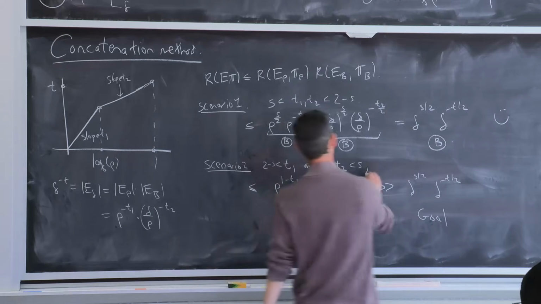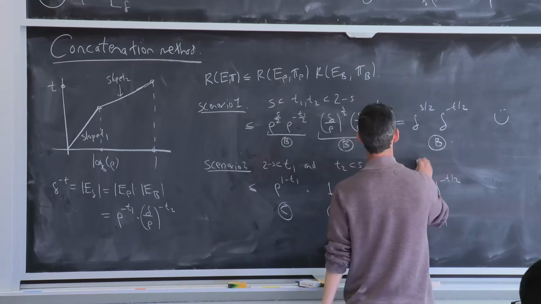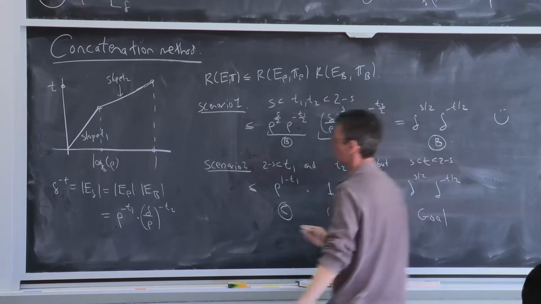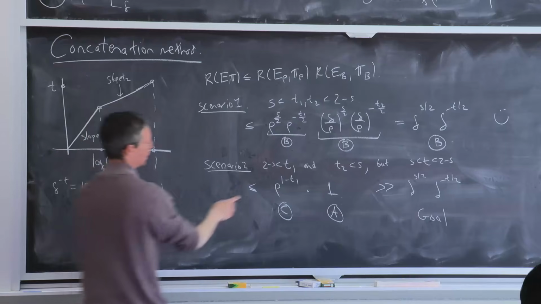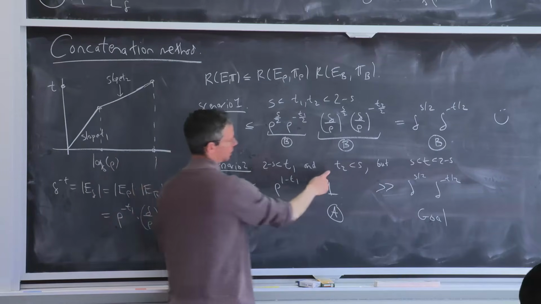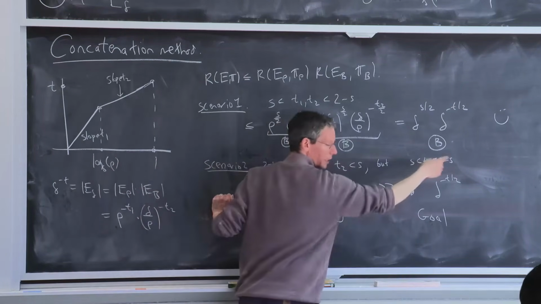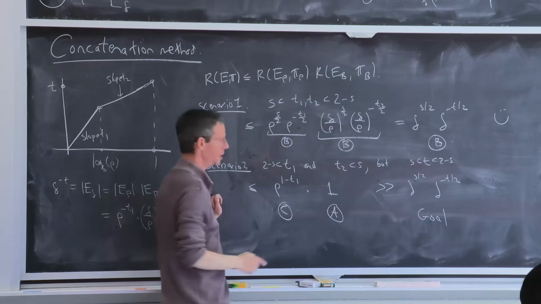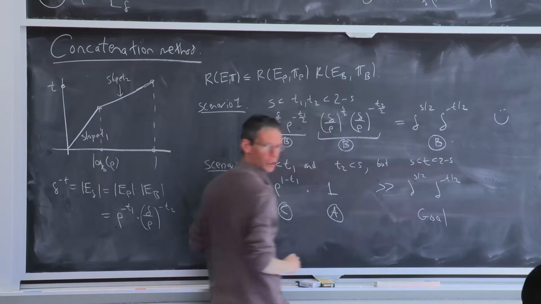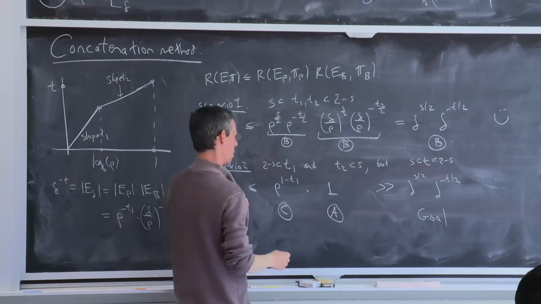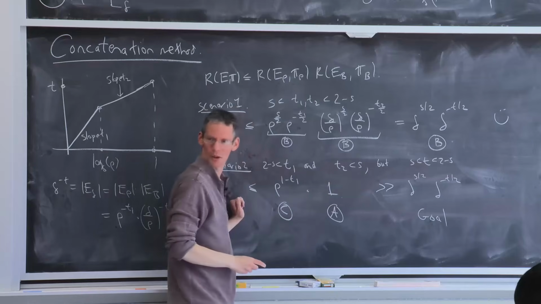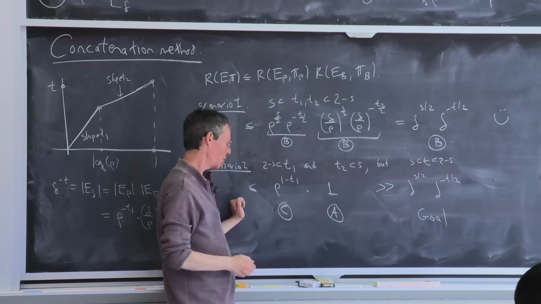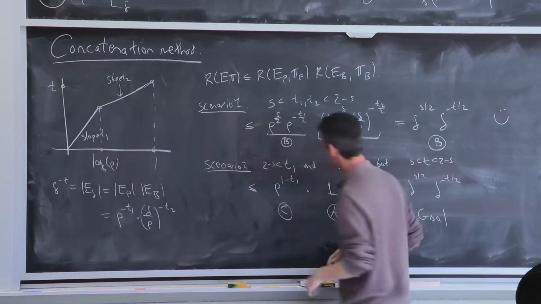So actually, let me add to scenario 2, but t is in the middle. T is a sort of average of t1 and t2. T1 is quite big. T2 is quite small, but this average is going to be in the middle. Since t is in the middle, this is the goal. How does this compare to the goal? Not so obvious. But it's actually much bigger than the goal. What went wrong?